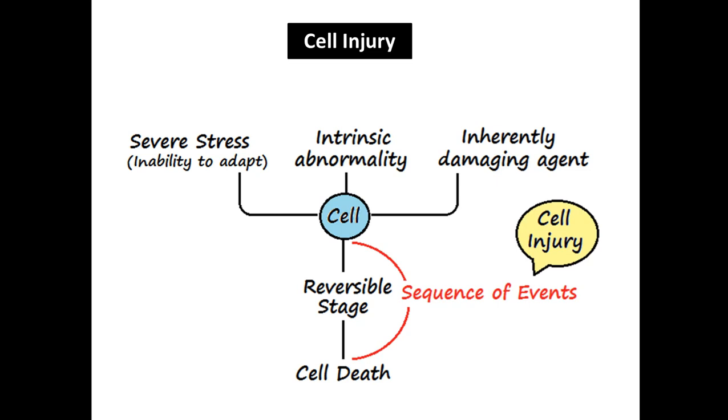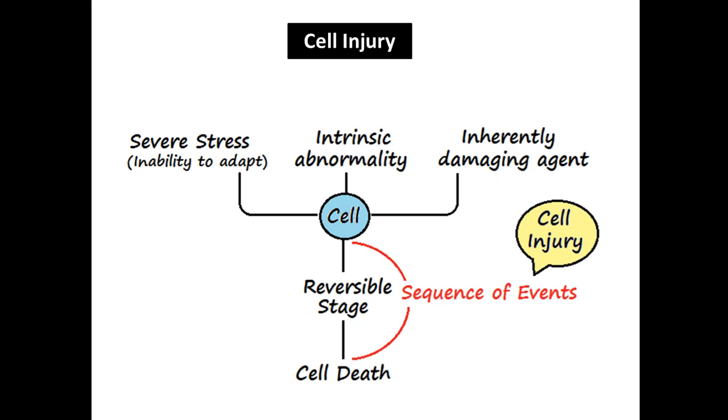And sometimes an inherently damaging agent, for example, an invading organism or acute inflammation caused by various physical, chemical, and microbiological causes, if it cannot be resolved because of the resistance of the invading agent, for example, mycobacterium tuberculosis, certain viruses, and accumulation of things like carbon and silica particles, coal dust, where the cell lacks the machinery to metabolize these things. So what will happen? The cell injury will occur.